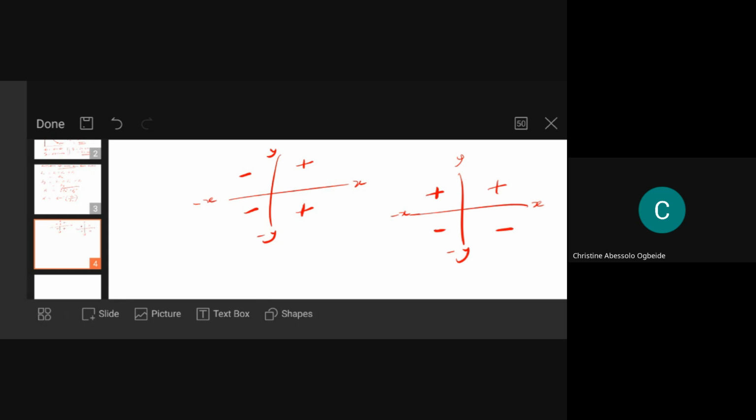If I'm looking for the horizontal component of the force, everything inclined on the right, just like you can see here, is positive. Any force inclined on the left-hand side is negative. So take note of that because it will really help us as we start resolving problems on this.